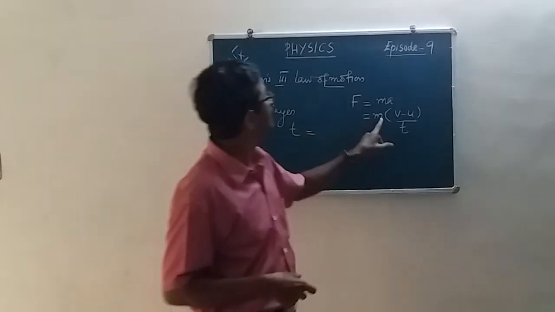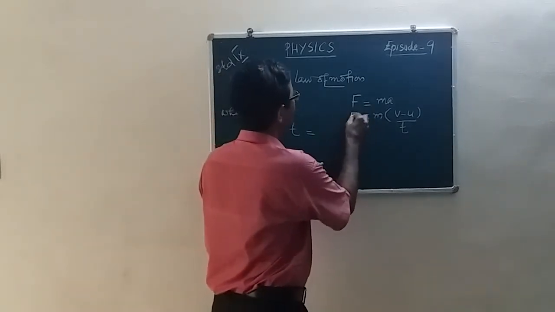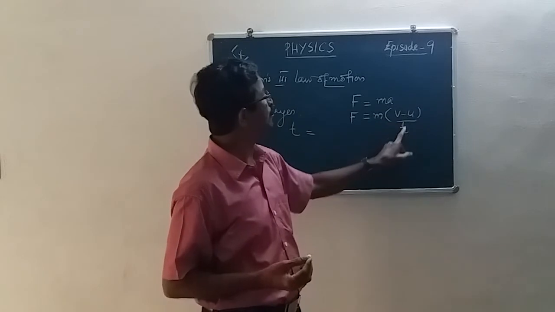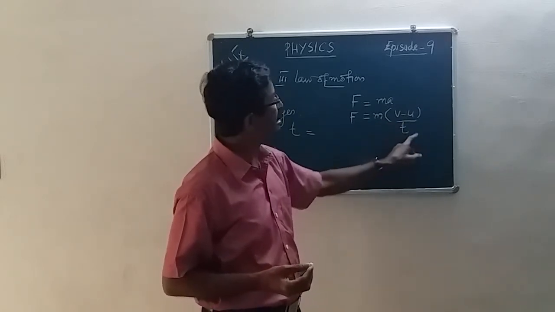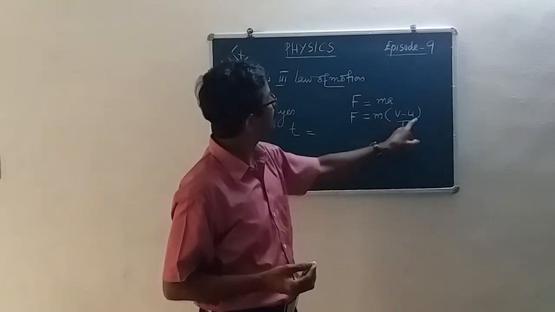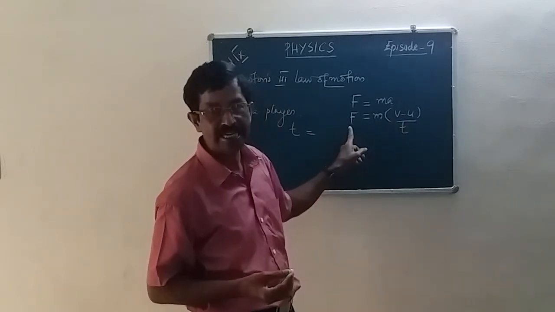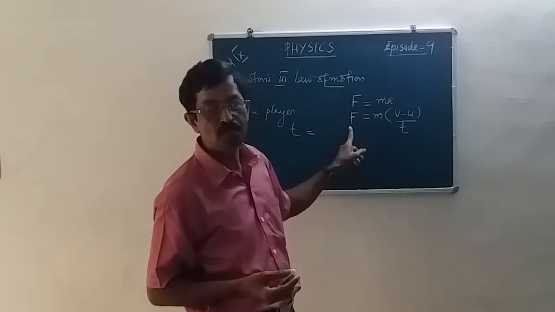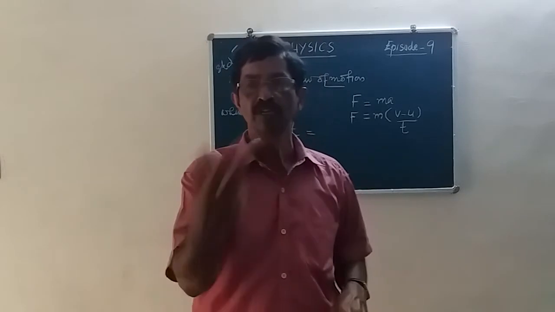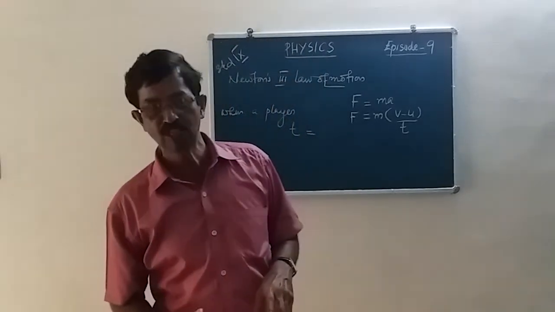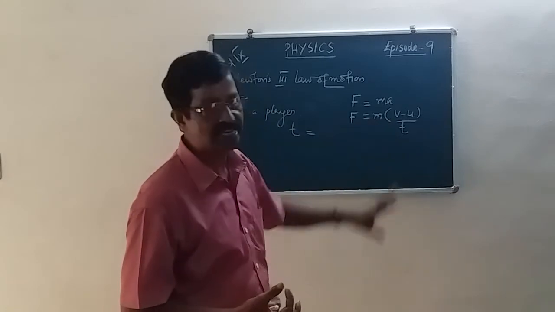From this relation, F equals m into (v minus u) by t. Here, when the time t increases, the rate of change of momentum decreases. That means the force can decrease. The force acting on his hand can decrease, so he can avoid injury to his hand.